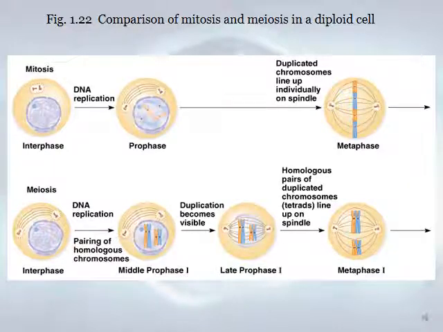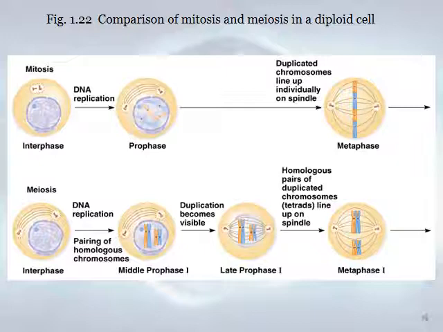Comparison of mitosis and meiosis in a haploid cell. This slide is divided into 2. In mitosis, we have interphase, prophase, and the chromosomes line up. Each chromosome has 2 chromatids, and they line up at the middle of the cell, forming the equatorial plate. But in meiosis, we have prophase 1 and metaphase 1.